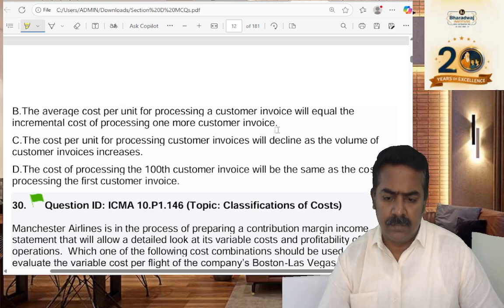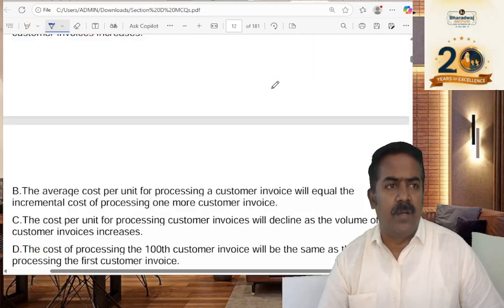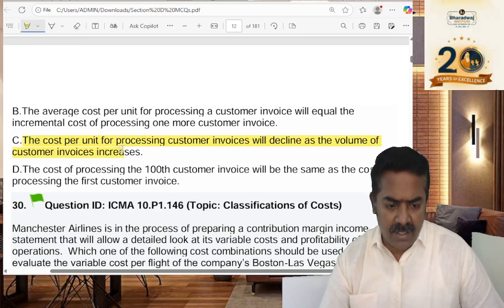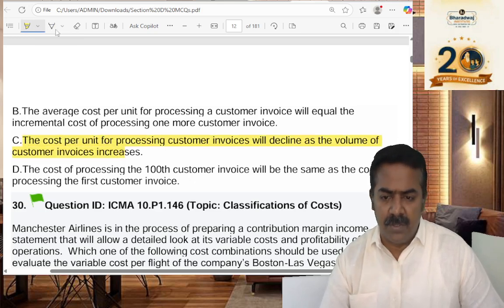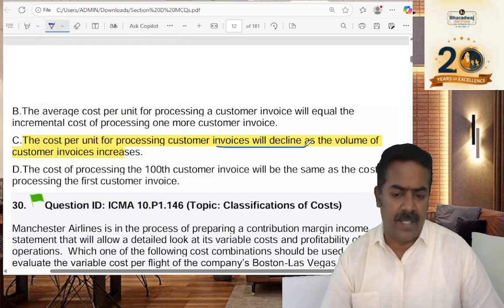Option C is incorrect. Variable cost per unit will remain the same. Here they say cost per unit will decline. Cost per unit will not decline because variable cost per unit will remain the same.